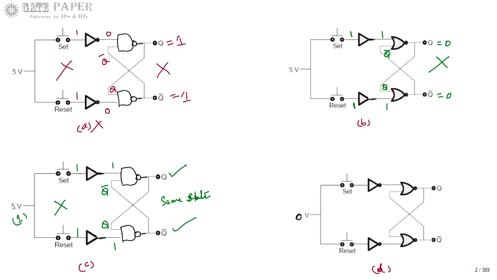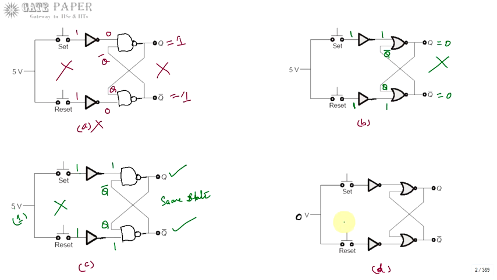C is always in the same state, so you cannot get set state or reset state, which is also possible in the given diagram. Okay, the given diagram and this C diagram are exactly the same. They are in the same state, even though you are pressing set or reset push buttons. So it doesn't have any effect of set state and reset state. So they cannot be used as SR latches.